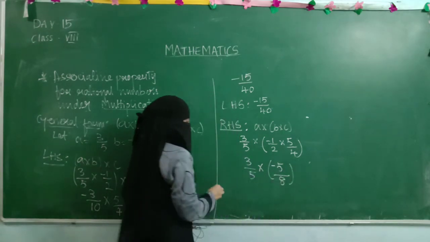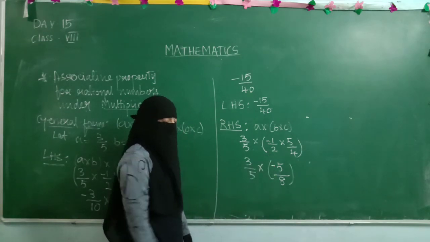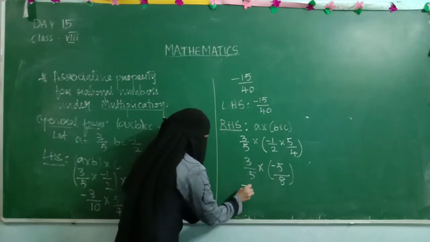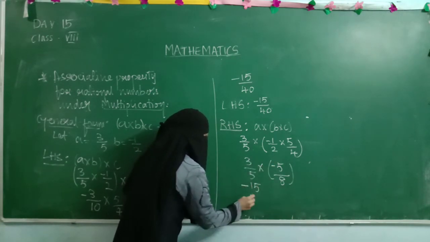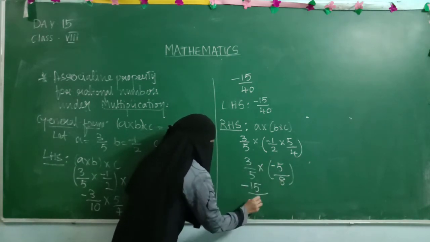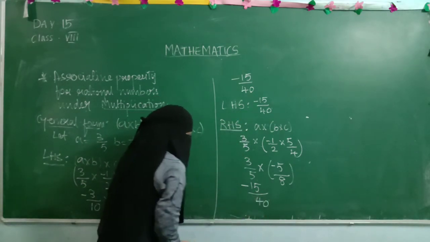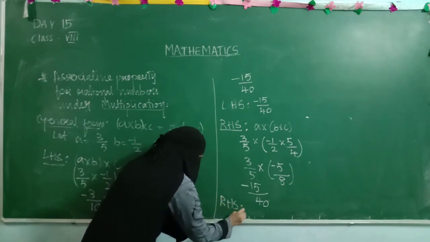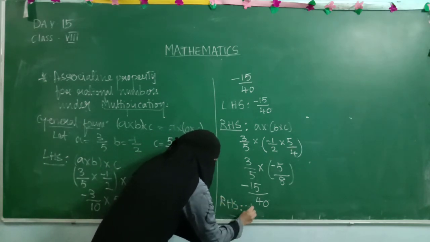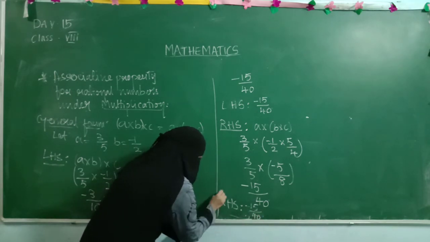Now plus into minus becomes minus, and 3 times 5 is 15 by 5 times 8 is 40. So this is RHS, right hand side, and you got minus 15 by 40.